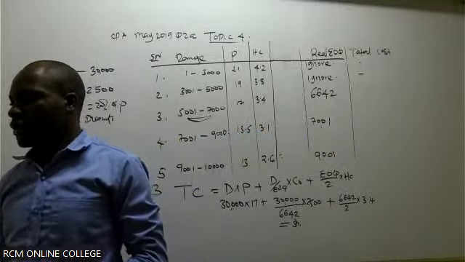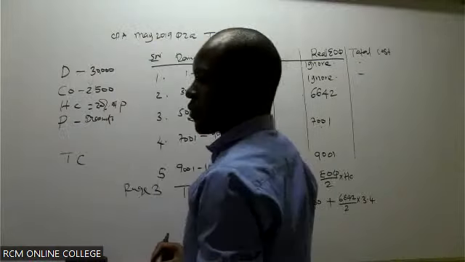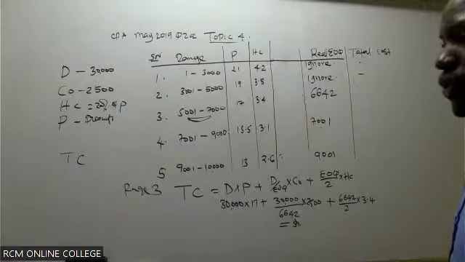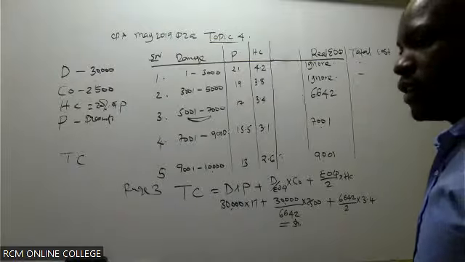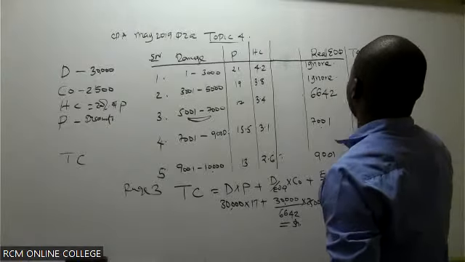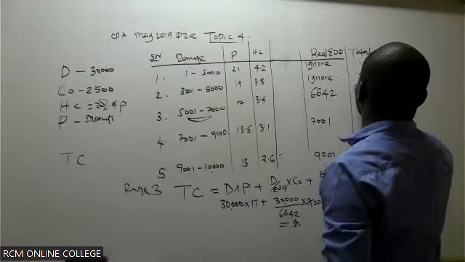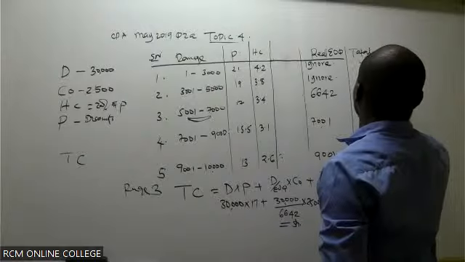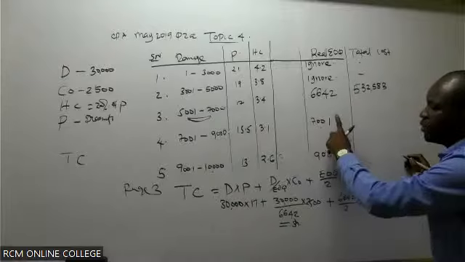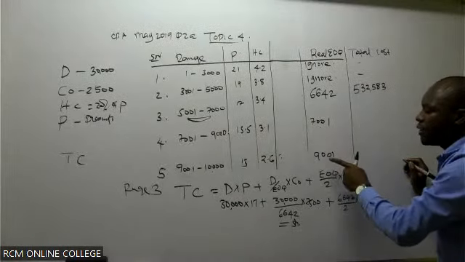Let's calculate that. What are you getting as the total cost? 532,583. Do the same to the fourth and the fifth.